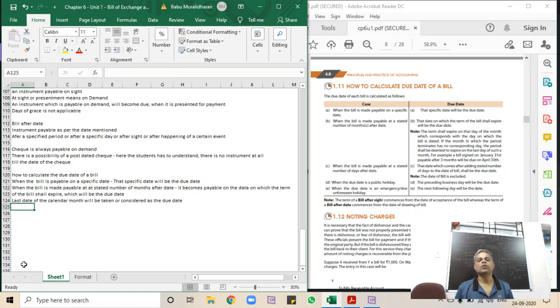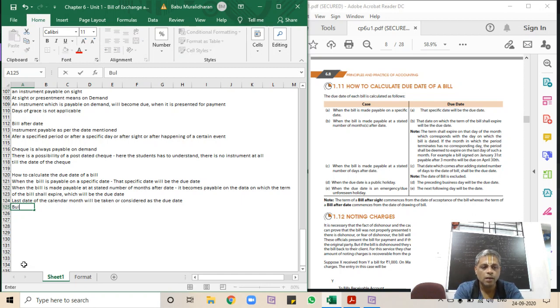This is important to understand, because this type of question can come in. The bill is drawn on Jan 31st, payable in 3 months' time. So students should not confuse it with 90 days from the date. If the bill is drawn at 3 months or certain months after date or after sight, and the date happens to be the last date of the calendar month, then the last date of the month in which it becomes due should be considered as the due date.